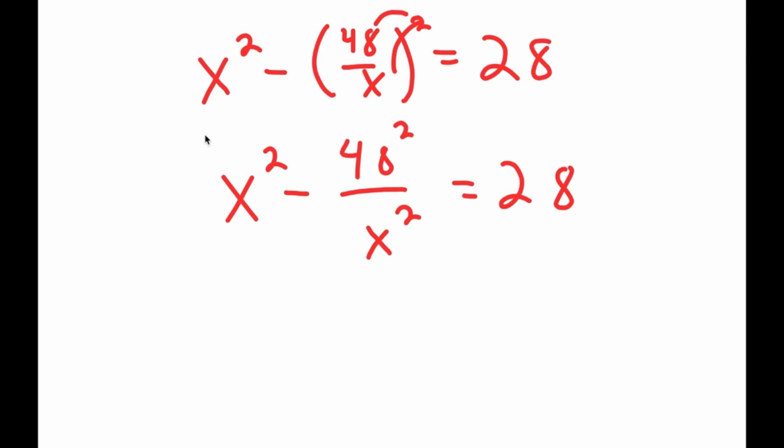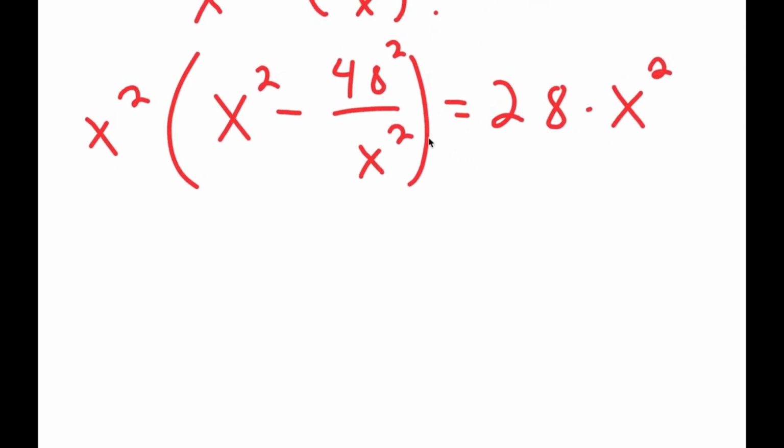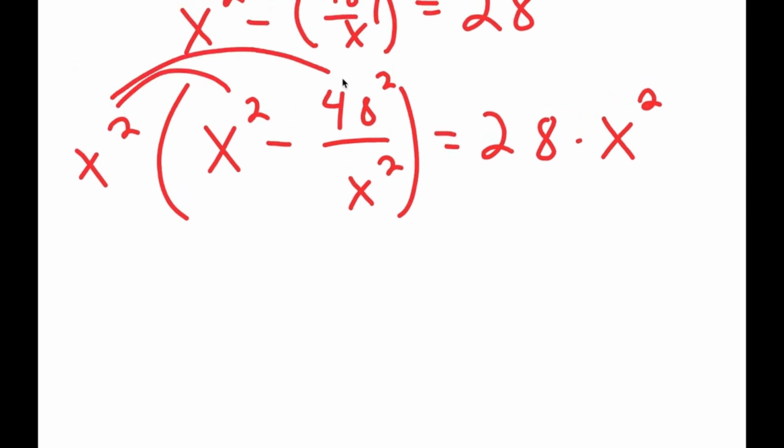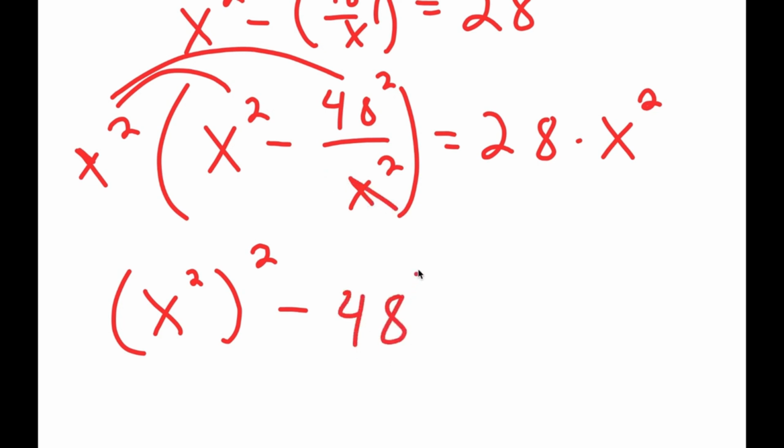Now I'm going to multiply both sides by x squared. For my left-hand side, I have to distribute the x squared. X squared times x squared is x squared squared, or x squared to the power of 2. Now I have this minus 48 squared over x squared times x squared. These two x squared cancel out, so I just get 48 squared.